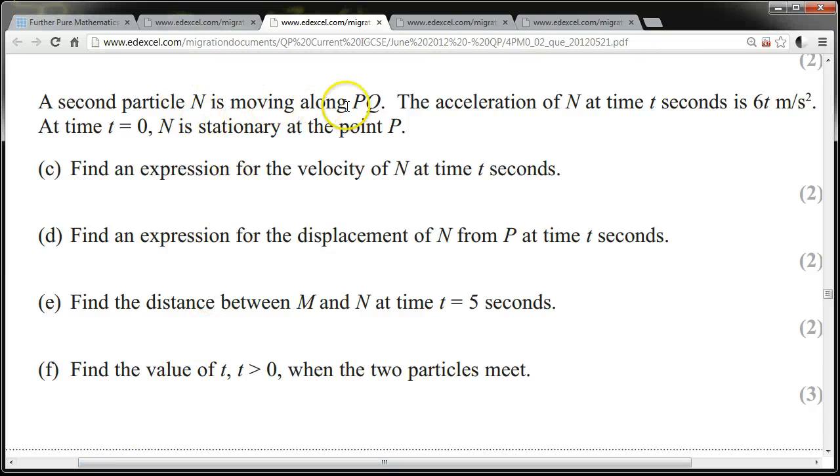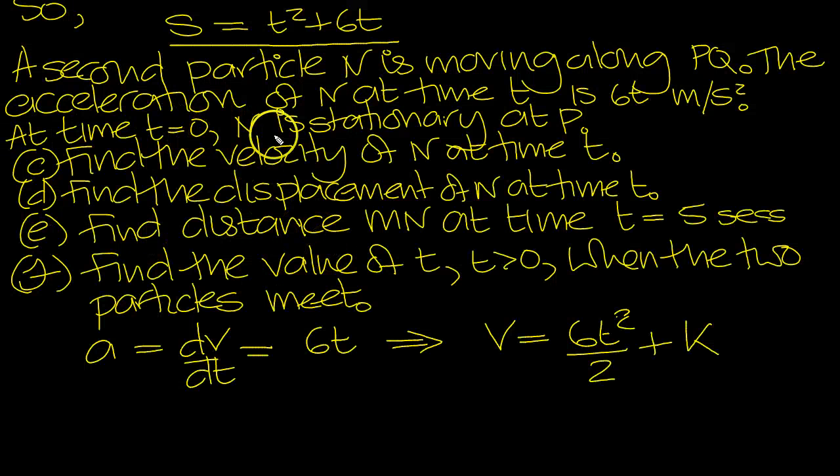At time t equals 0, n is stationary at the point P. So that's what we wanted, which I didn't write down, I don't think. So at time t equals 0, n is stationary at P.